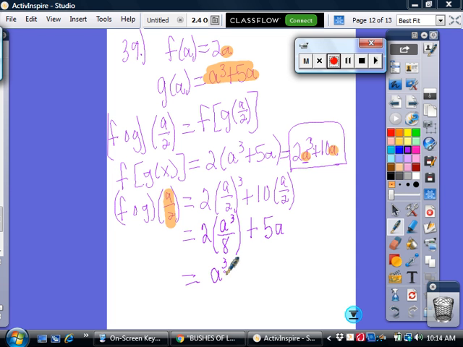2/8, will that reduce to 1/4? Now I found the composition function, then I plugged in. Yes, ma'am. Half of 10 is 5. Think about cross reducing the 2.